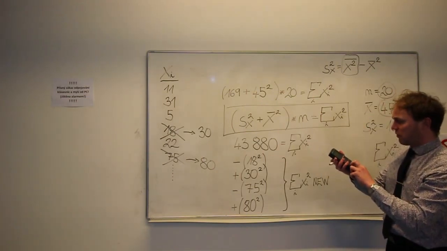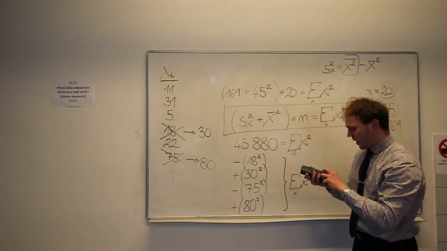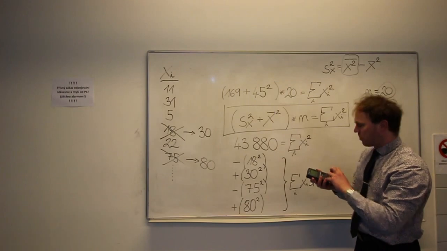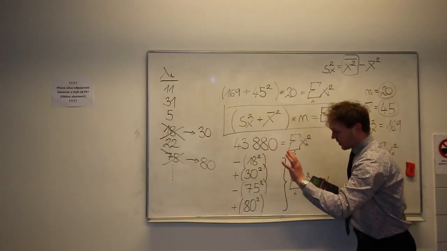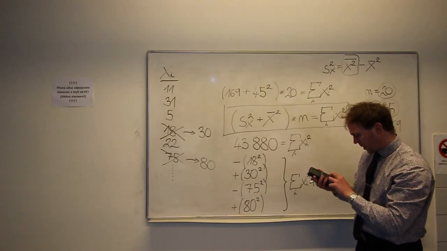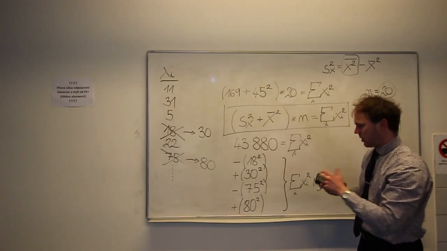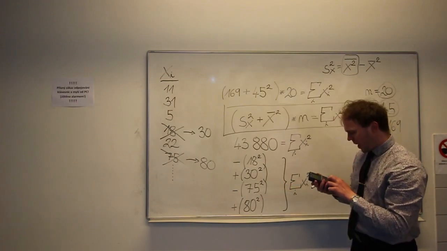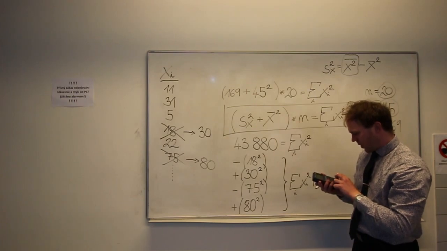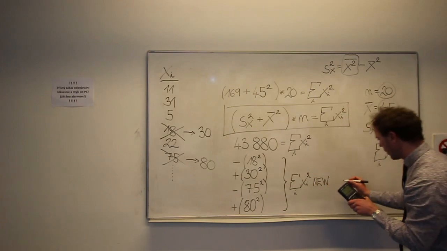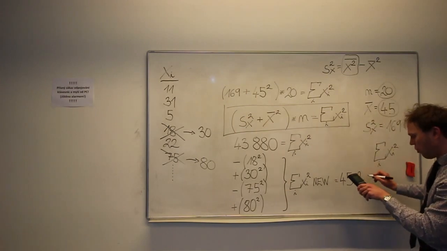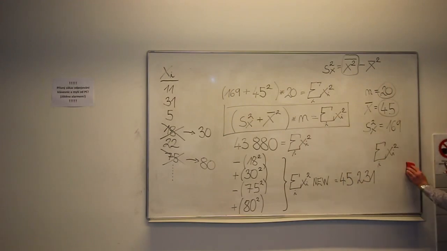So please calculate with me: 43,880 minus 18 squared plus, use parentheses, it will be better for you, plus 30 squared minus 75 squared plus 80 squared. Okay, so this new summation is 45,231. Yes, so we calculated this new summation.